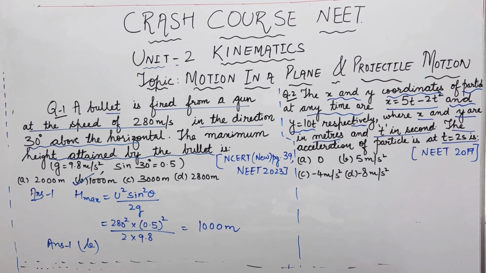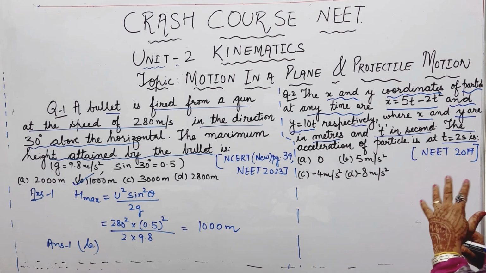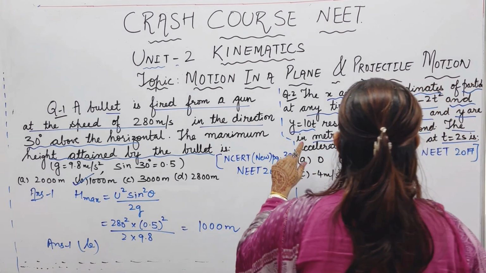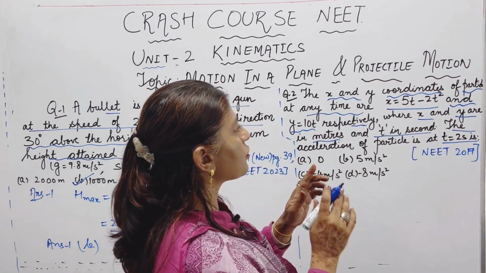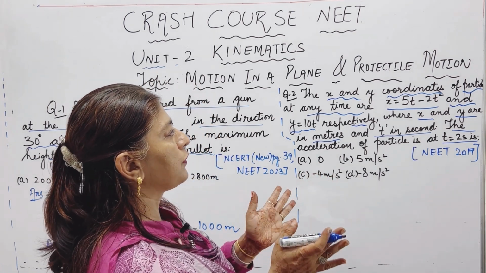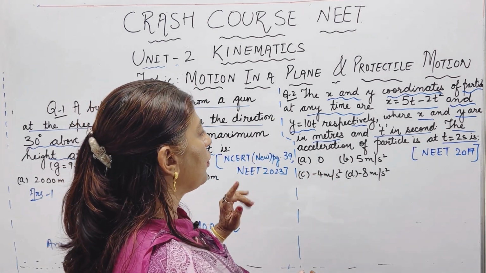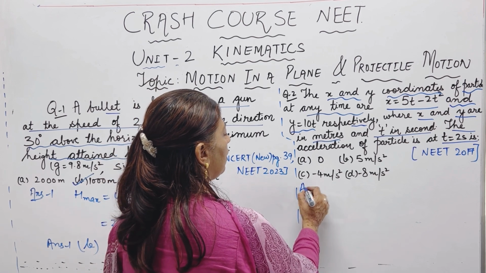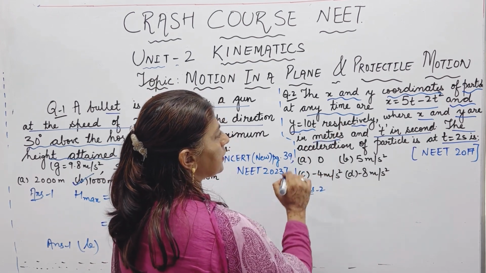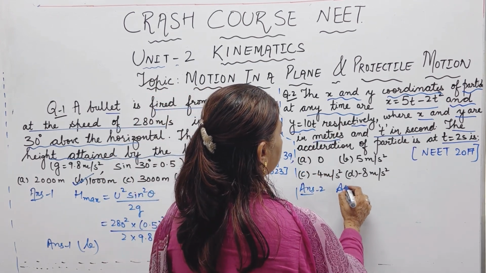This question has been asked in NEET 2017. Now, this is the question where the motion has been resolved in the two directions x and y. So, to find it out, first we will consider along x-axis.